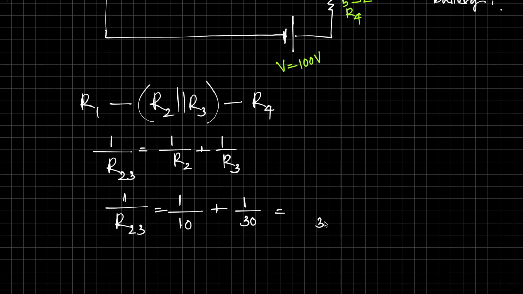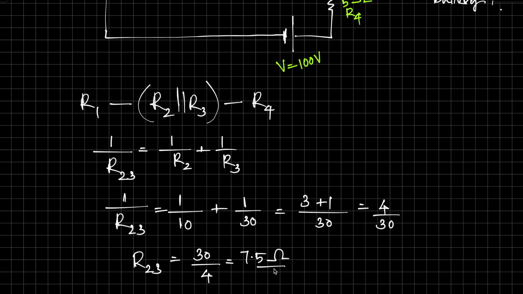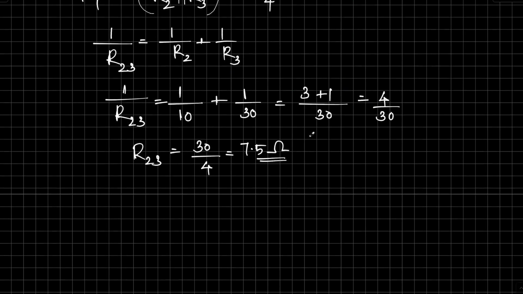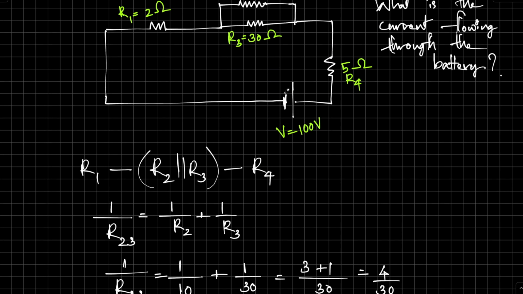That is 4 by 30. That is 1 over R23. So R23 equals 30 over 4, 7.5 ohms. So we can replace R2 and R3 with a single resistor of 7.5 ohms.